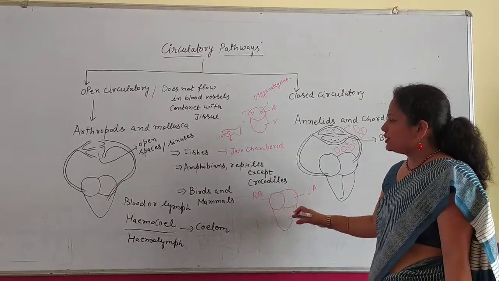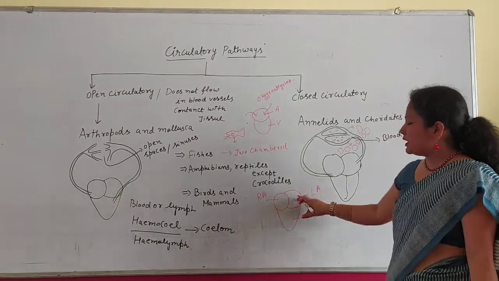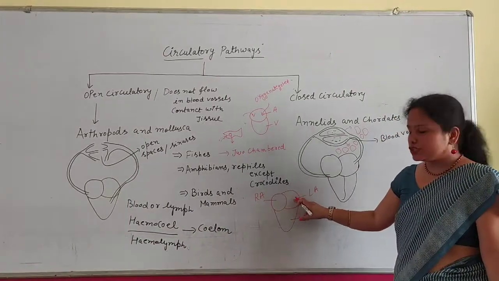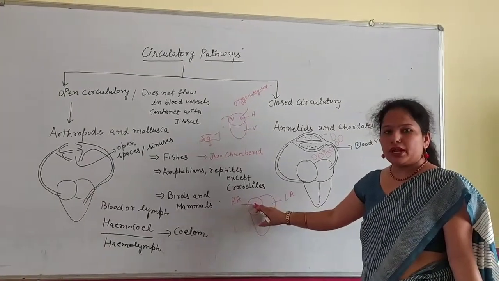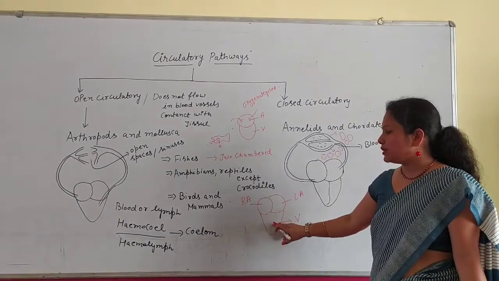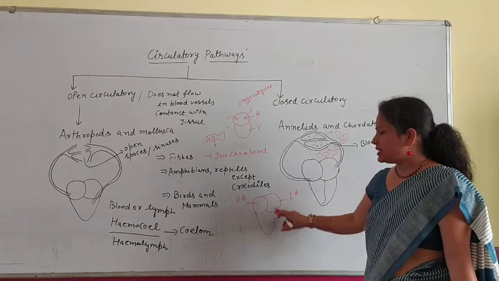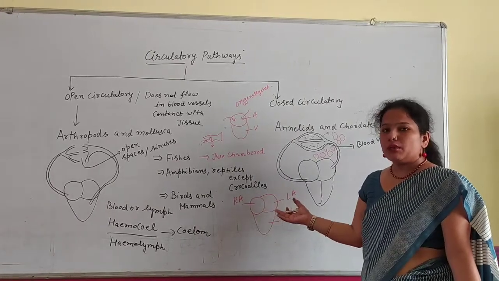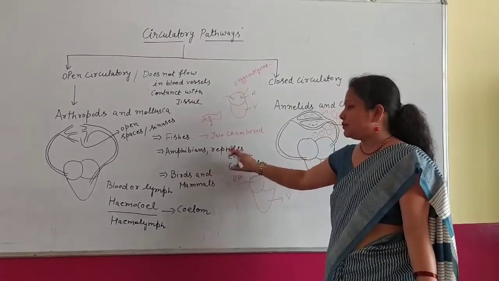Here also we can say the mixing of the blood takes place, because the left auricle carries the oxygenated blood and the right auricle carries deoxygenated blood. Both bloods mix in the ventricular part. So there also is the mixing of the blood, and here we can say incomplete double circulation in the case of amphibians and reptiles.